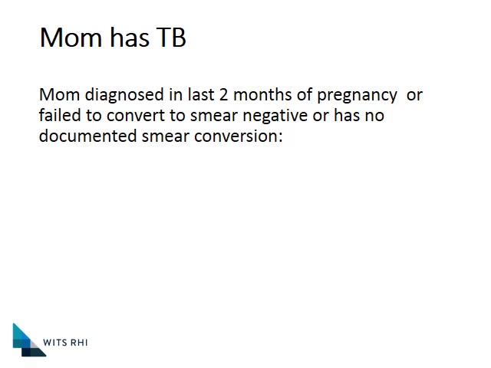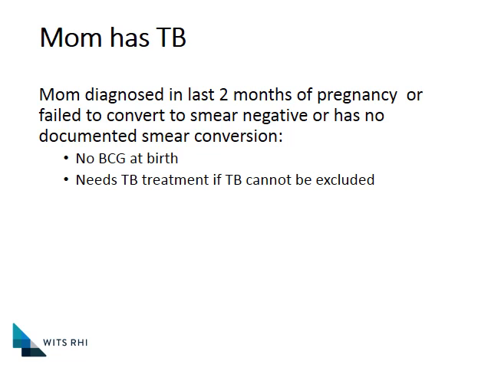There are also different debates on what we define as TB during pregnancy. The highest risk is certainly the mother who was diagnosed in the last 2 months of pregnancy, or has failed to convert to smear negative, or has no documented smear conversion during her pregnancy on TB treatment. In those children, we would not give any BCG at birth.